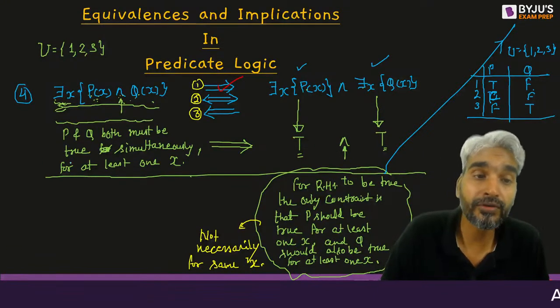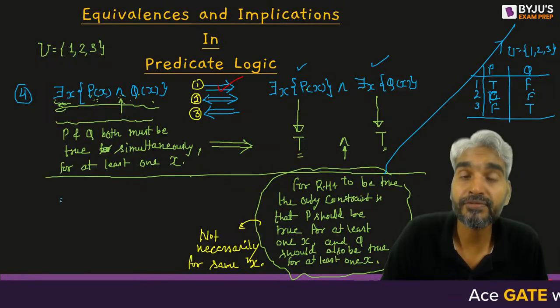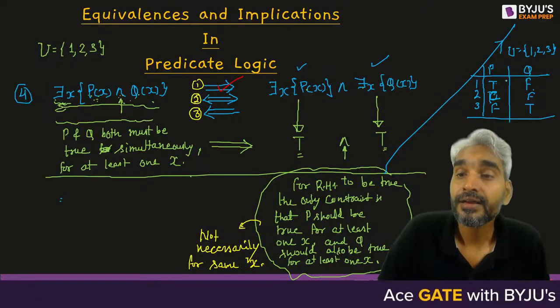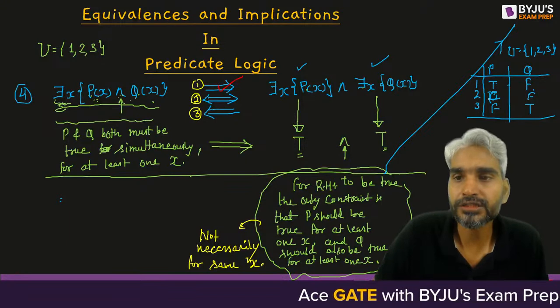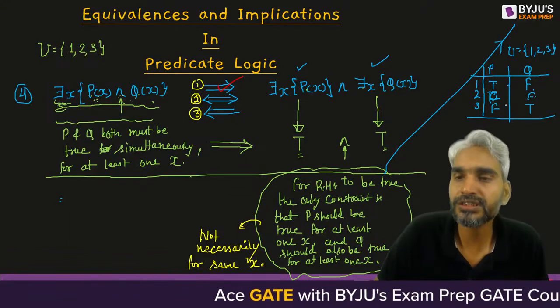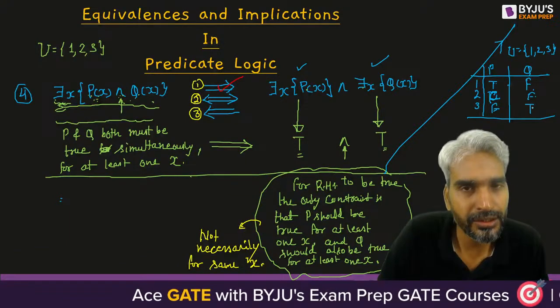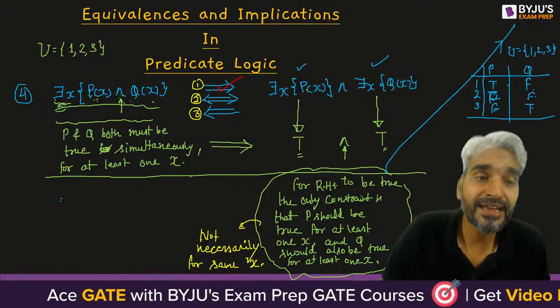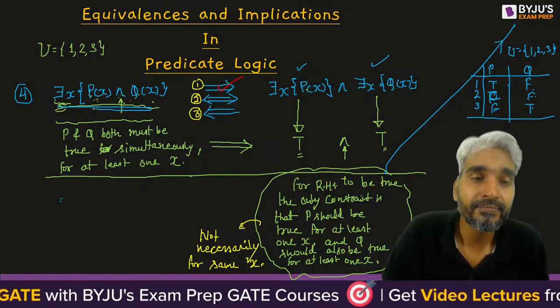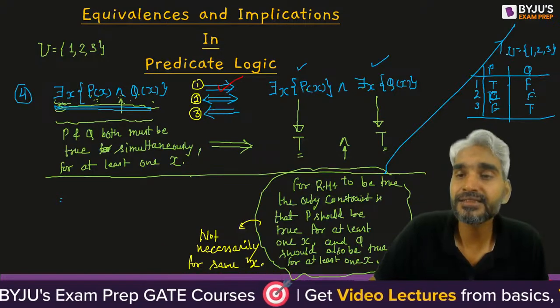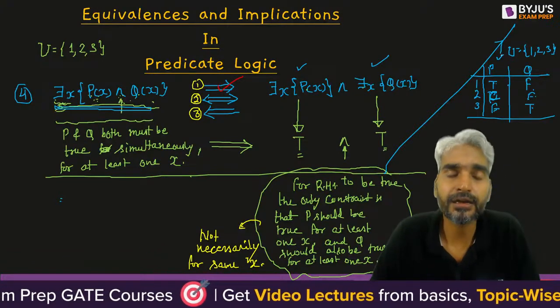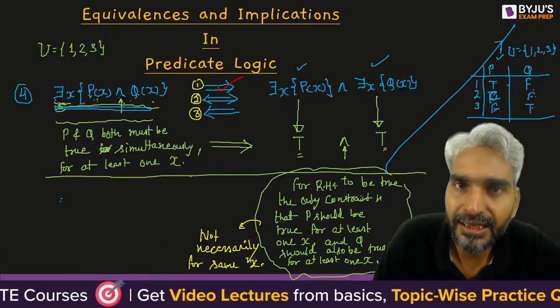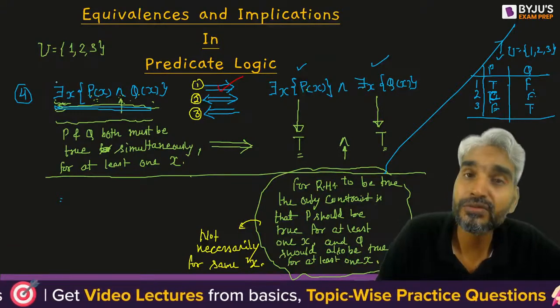But what will happen with the LHS? P1 conjunction with Q1 is false, P2 conjunction with Q2 is false, P3 conjunction with Q3 is false. So this LHS is not true for any x in the given scenario, therefore there exists will return false.